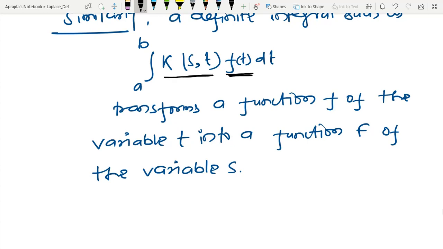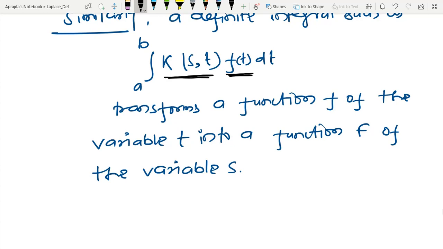Now I am going to multiply with some kind of function which has two variables, and after that I take the definite integral with respect to the same variable of the function. Whatever result I get is a different function, and the variable changes from t to whatever variable I have held in this particular process.